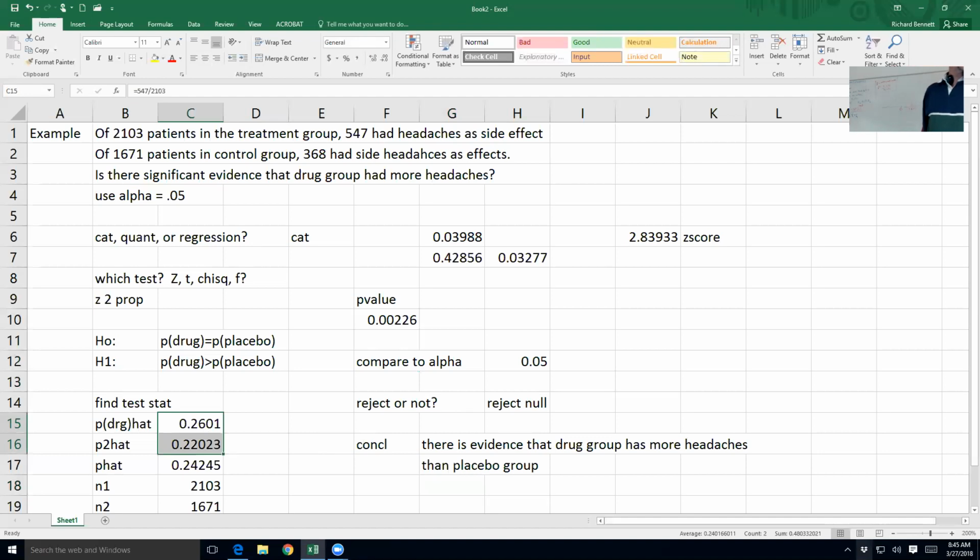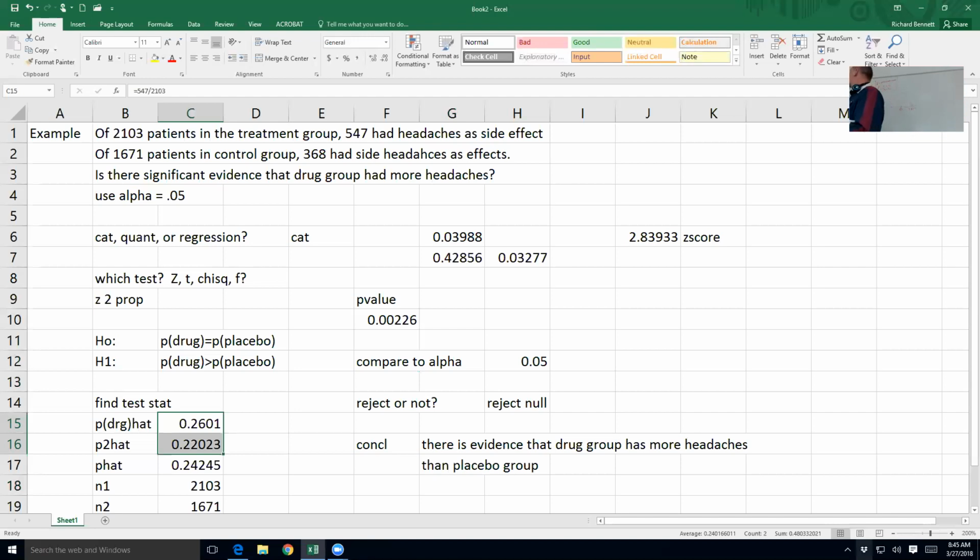Now, here's the deal. We've only got 5 minutes left. There is another section here on dependent samples. I don't really want to jam through that in five minutes.